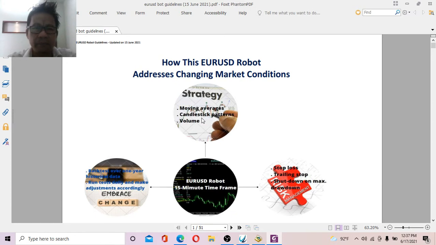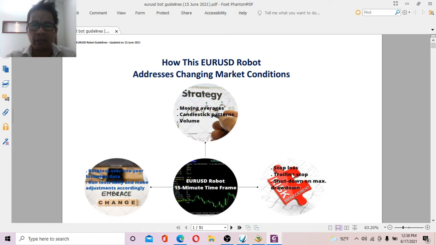Candlestick patterns are extremely important for my strategy, and they are very hard to duplicate. And the third is volume. Volume is also very important for Forex trading generally, or for other markets.